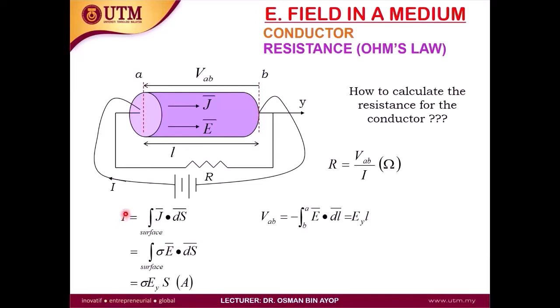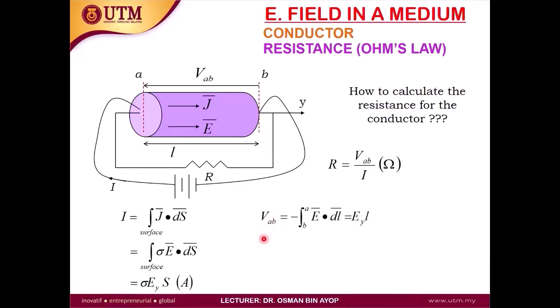We know that the current I is equal to the integration of J dot ds, and we already derived that J is equal to sigma E. If our structure is symmetrical, we can simplify I into sigma E S, because here we have the same cross-section area. That means the area is not changed throughout the structure.